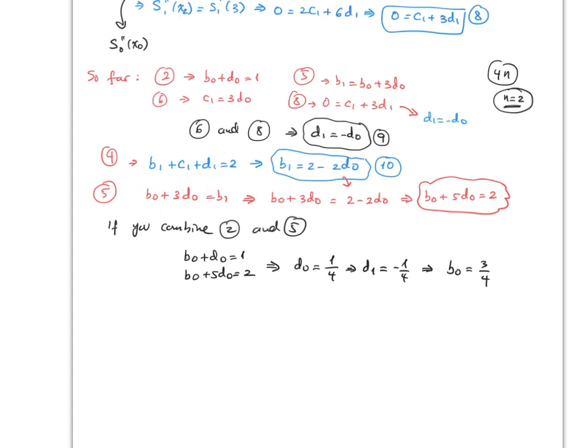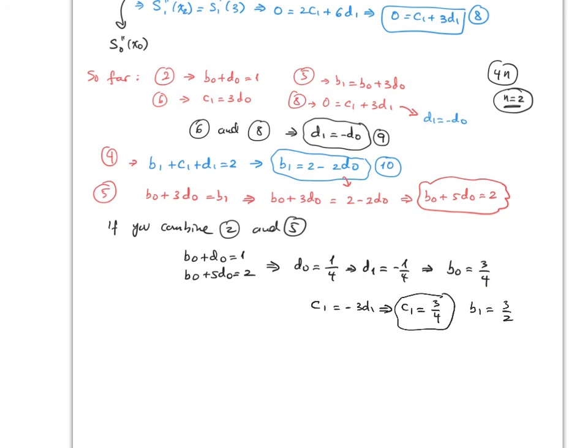Also notice from here that 0 equals c1 plus 3d1. This gives you that d1 equals minus d0, but this also implies that c1 equals minus 3d1. So from here that means c1 equals 3/4, and therefore b1 also equals 3/2 once you solve.